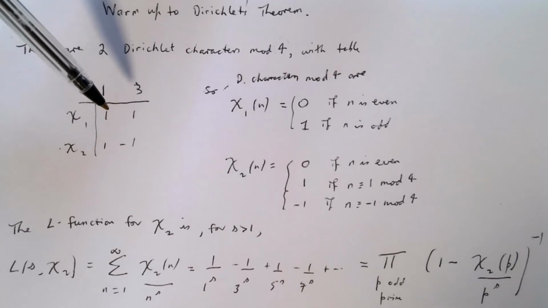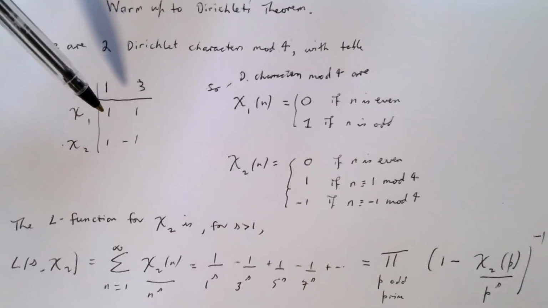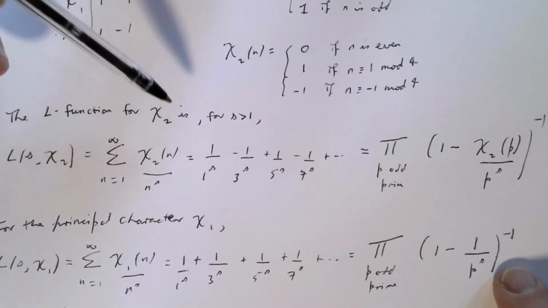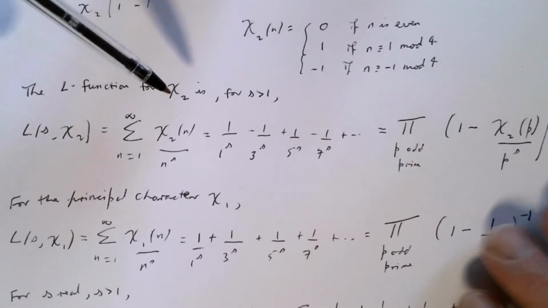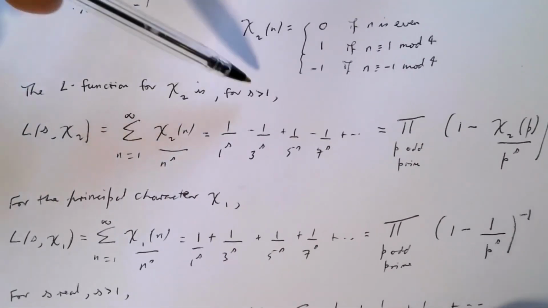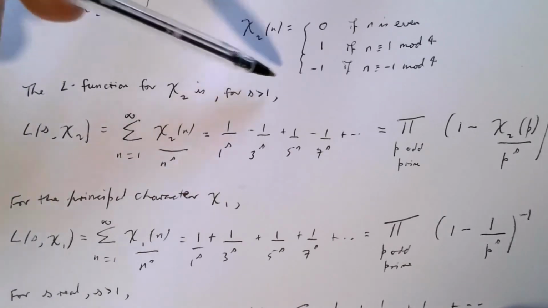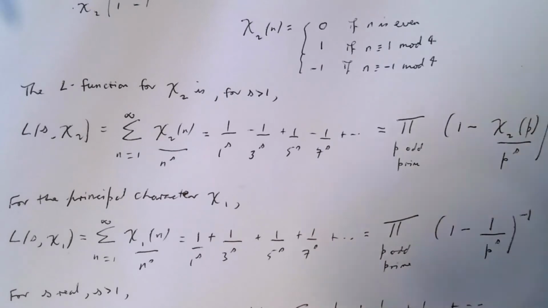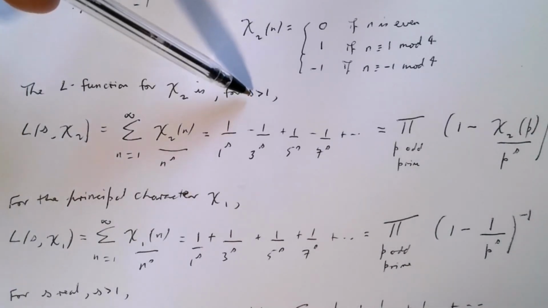We can now write down the L function, for example, for chi2. We'll come back to chi1 in a moment, but the Dirichlet L function for chi2 is defined for s bigger than 1. Here, there are no complex values in the character table, so we may as well think of everything as real and take s bigger than 1.